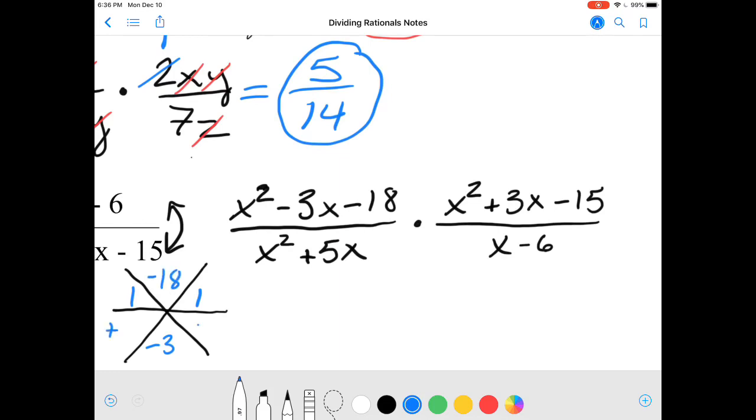Again, our top number is negative, so we're going to have a positive and a negative factor. We're going to have +3 times -6, giving us -18, and +3 minus 6, giving us -3. So those check out. So we have x plus 3 times x minus 6 for our first numerator.